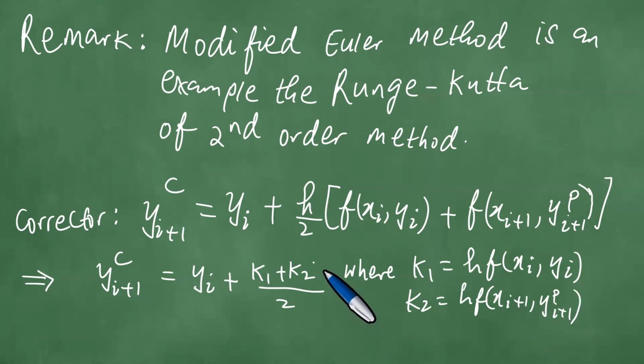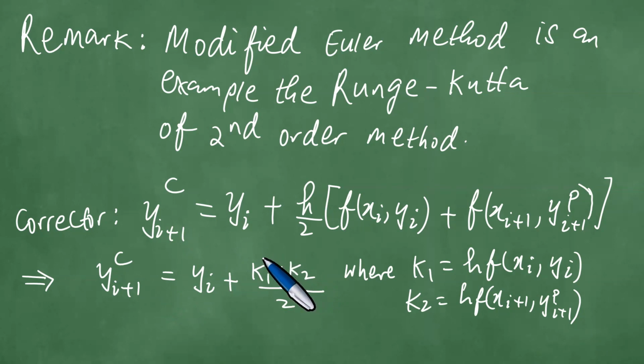In other words, this is what we call the Runge-Kutta of order 2 when we have the two k's. So Runge-Kutta of order 2 is just the corrector available in the modified Euler version.